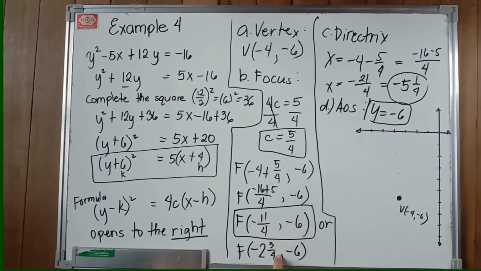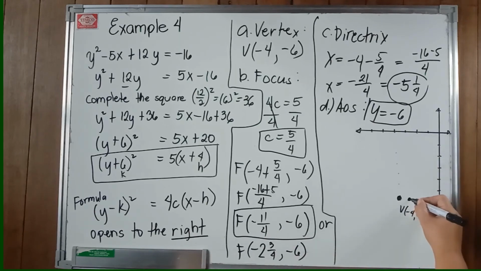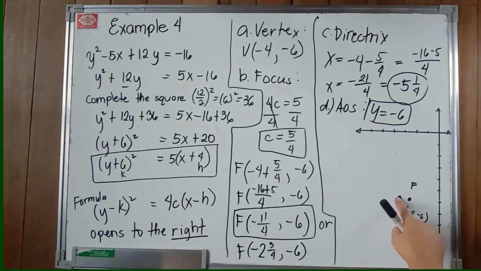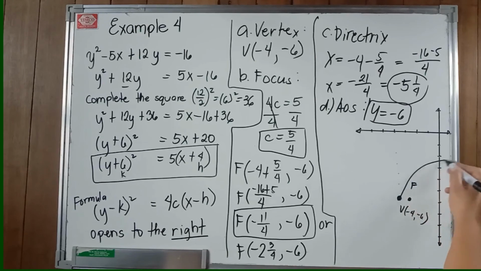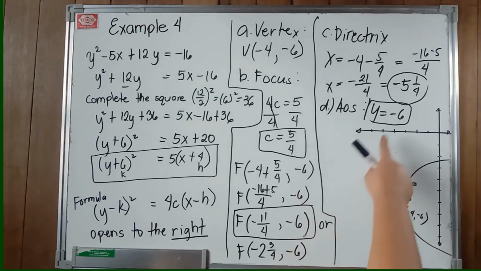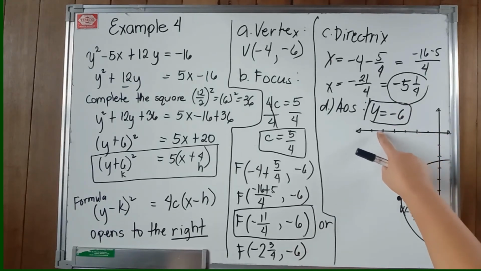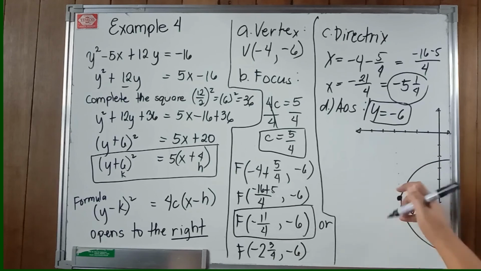For our focus, we have to the right of our vertex. That's why it is facing to the right. And for our directrix, we have x is equal to negative 5 and 1/4.